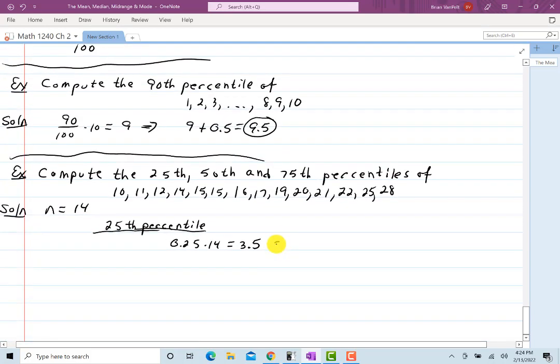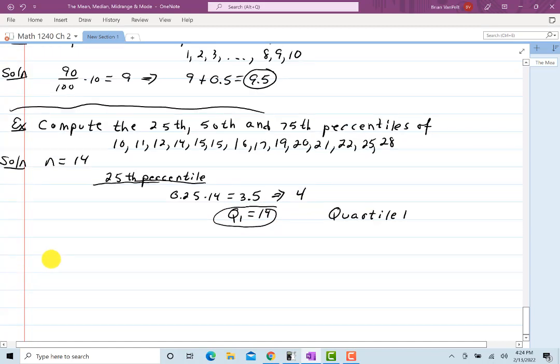So I want position number 4. 10 is number 1, 11 is number 2, 12 is number 3, and 14 is number 4. So Q1 equals 14. That's called quartile 1. It has a special name. That 4 indicates that you want item number 4 on the list.